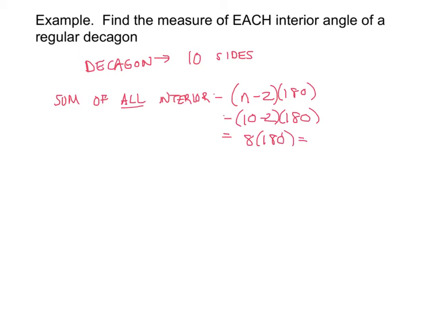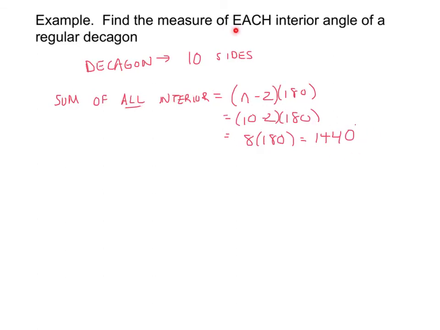And what does that turn out to be? 8 times 180 gives us 1,440 degrees. Alright, now if the question just simply said, what is the sum, then we would be done.